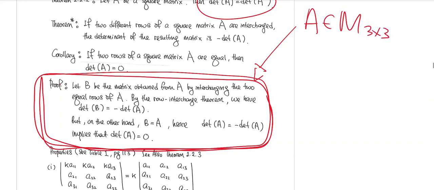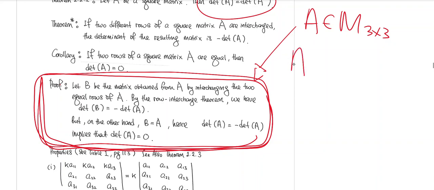Now remember, if you're really giving a formal proof, you cannot say that, because once you say that, you are actually proving it for 3 by 3. What about 4 by 4? What about n by n? You can see that in the actual proof, it never mentions the size of the matrix. So this is not a proof, just an illustration of the idea behind the proof.